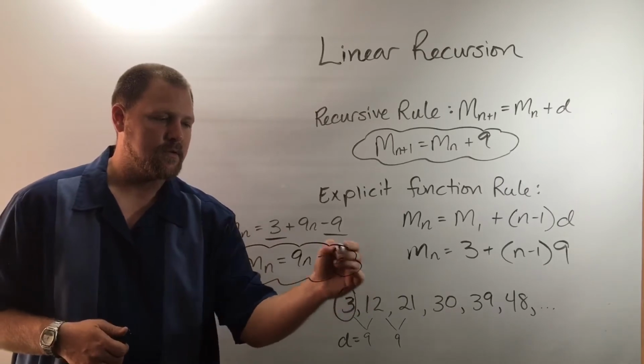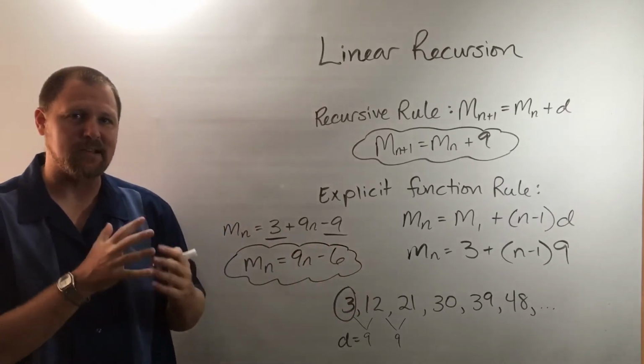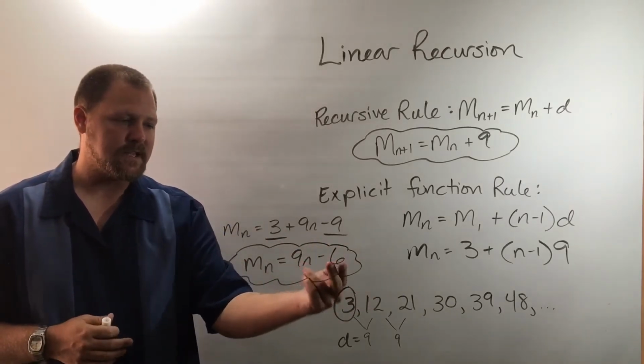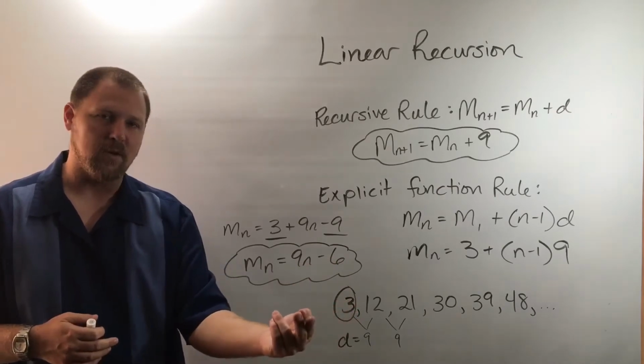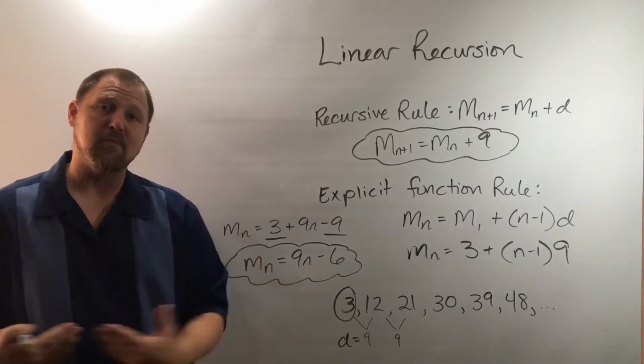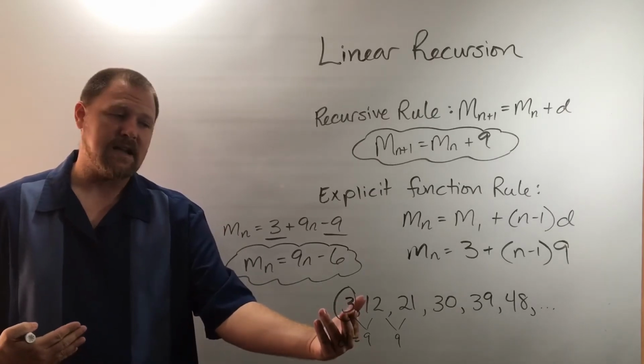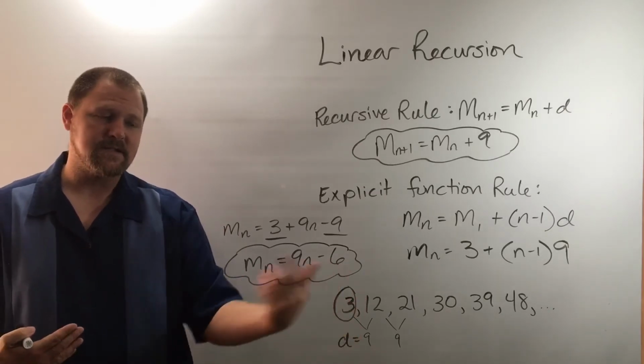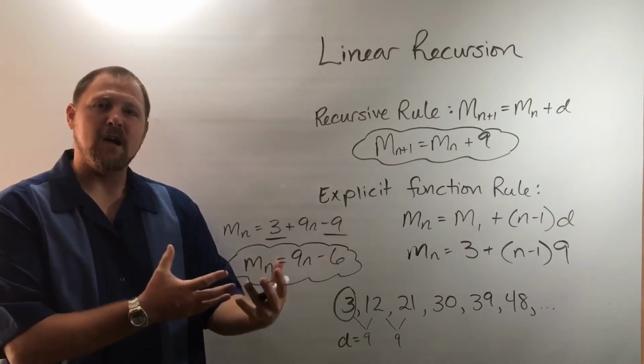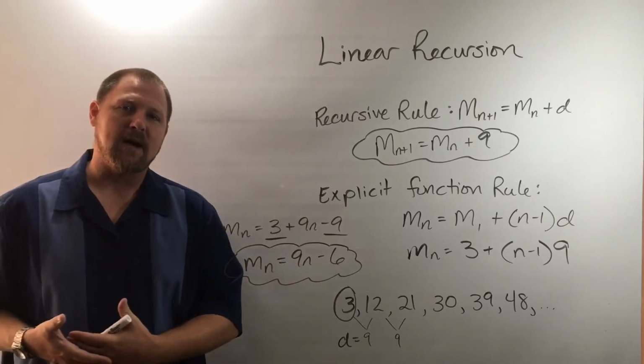If you look at that in a little more depth, negative 6 would be the term that comes before 3 if we were to go backwards in this sequence. If we were to subtract 9 from 3, we would get negative 6. So this follows the pattern if we were allowed to go backwards.